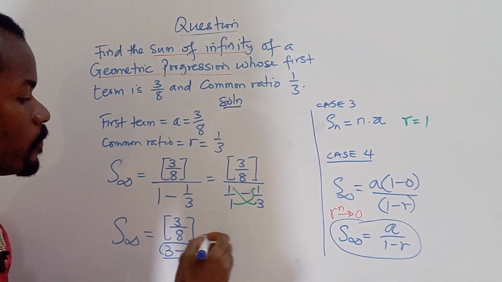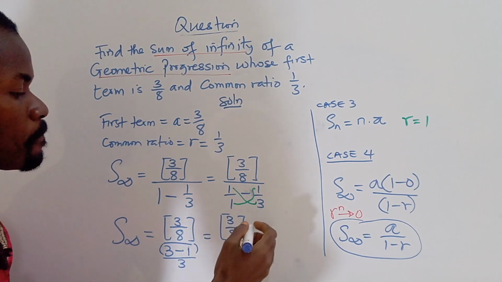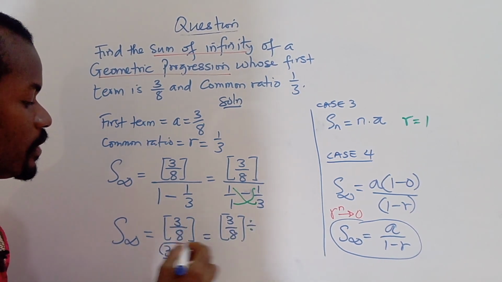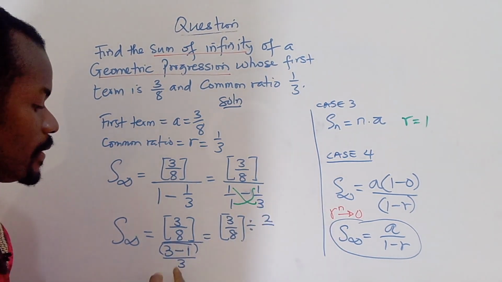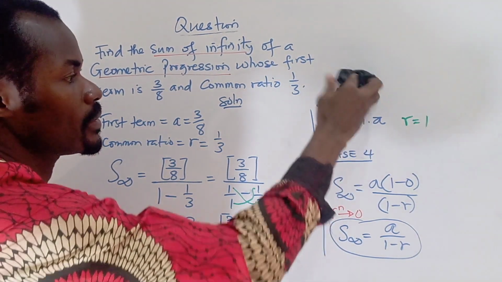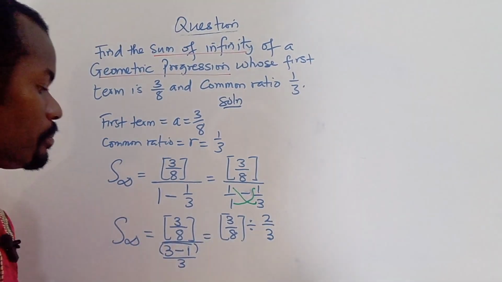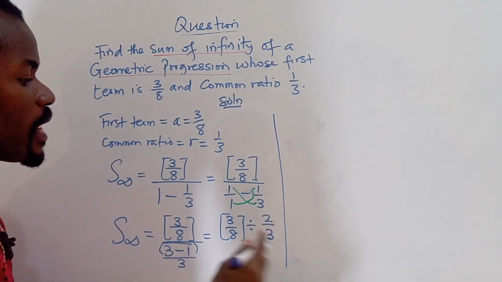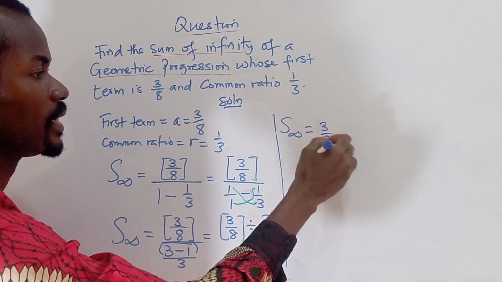So this will further give us 3 over 8 divided by this division. 3 minus 1 is 2, divided by 3. With that, we can now finish up the problem. So we have the sum of infinity equals 3 over 8.